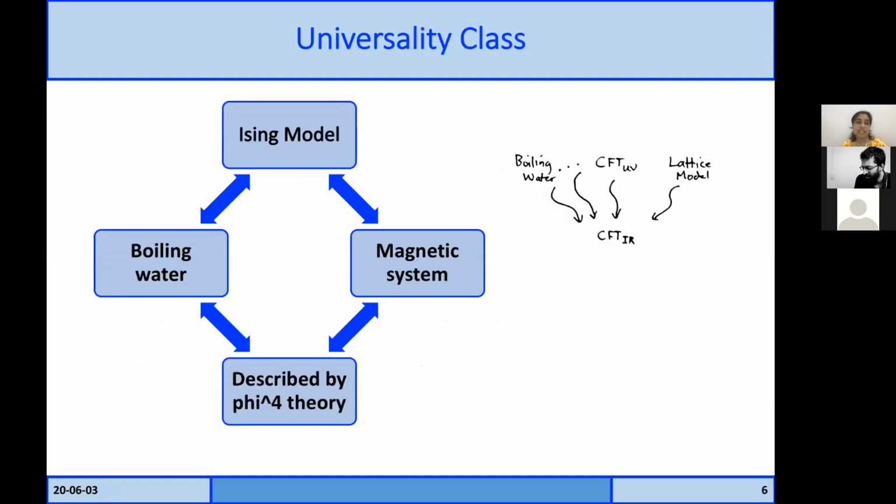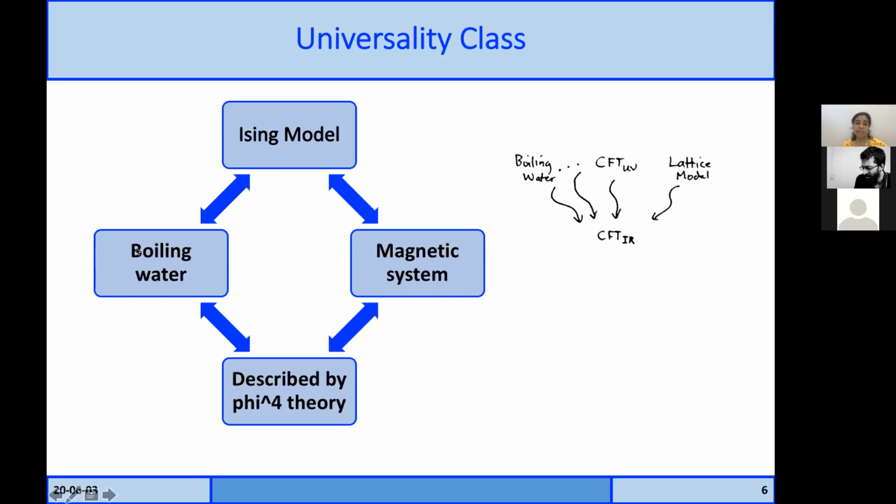There is something known as a universality class, and one of the basic predictions of renormalization group flow is universality. RG flow shows that even if we start with different complicated systems at high energies, the behavior of two systems at large distances can be very similar if they have the same low energy degrees of freedom. For example, we have different systems in the ultraviolet, or high energy, and they can flow to the same theory in the IR.